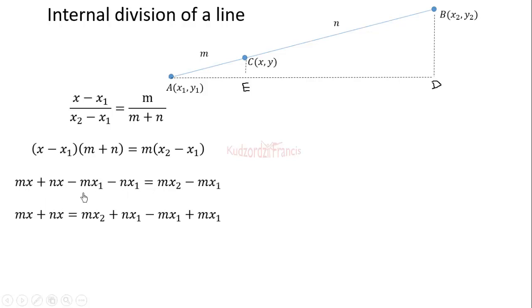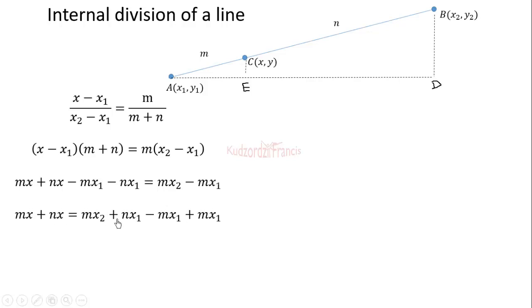What we do next, we have to group like terms. We group like terms, moving the ones with x to one side, and also those with the subscripts.